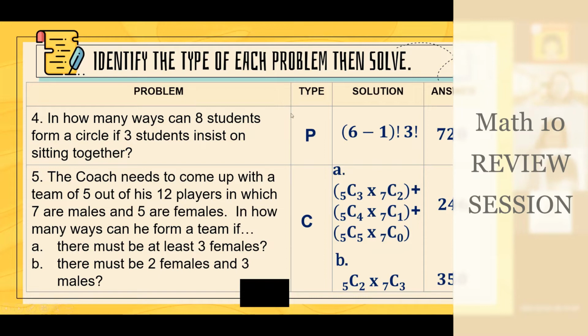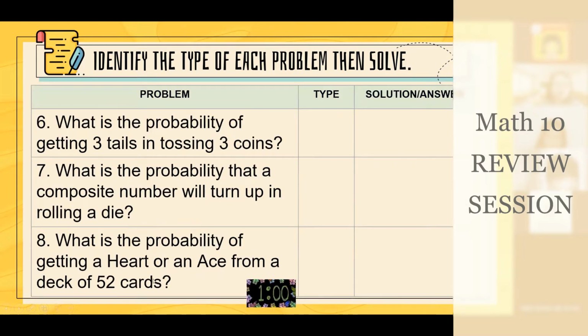Sige, type your score. Whatever score you've got, just type it. Okay, next. There are 12 problems. So we are now up to 8. Sige, next. What is the probability of getting 3 tails? So this time, it's about probability na. Kaya ang choices nyo: mutually exclusive, non-mutually exclusive, dependent, independent, simple event.